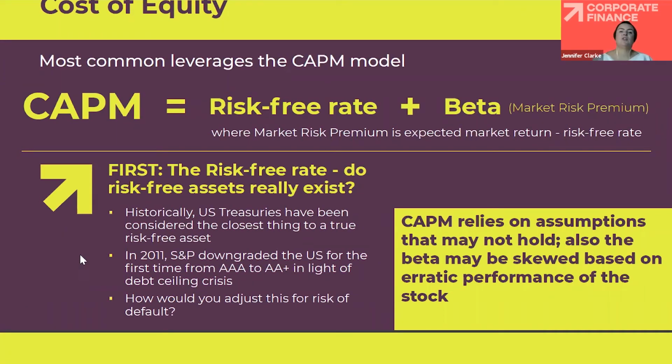At times, you may have to adjust for this, where, all of a sudden, if we start seeing treasuries go up because month after month or quarter after quarter, we don't know if we're going to end up defaulting on our debt because of political games, then this risk-free asset that everybody has used in the capital asset pricing model, US Treasuries as the basis in the US for the risk-free rate for decades, we just have to be cognizant that if things start to go in a different way, you would have to reassess: is this really still truly a risk-free rate, or do US Treasuries have a default component starting to be priced into them?